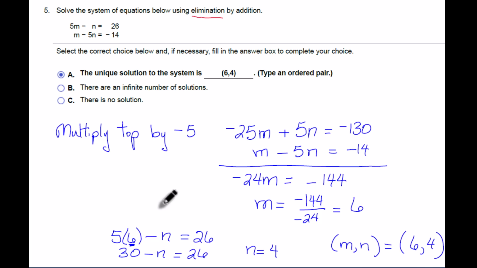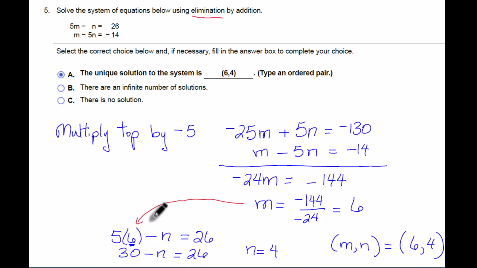I take that, and then I plug it into either equation. All right, I pick the top one. So 5 times 6 is 30. 30 minus n is 26. Move the 30 to the opposite side. So 26 minus 30, or I don't want to do that, then I have a minus in front of the n.